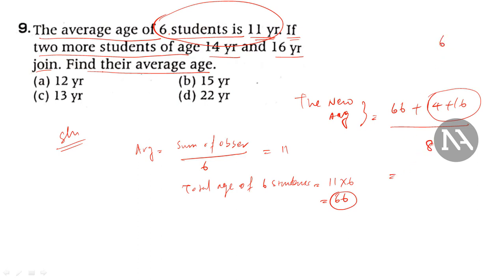So 66 plus 14 is 80. 80 plus 16 is 96. So 96 divided by 8. 1 8 is 8, remainder 1, 2 8s are 16. So 12 is the answer. So option A is correct.